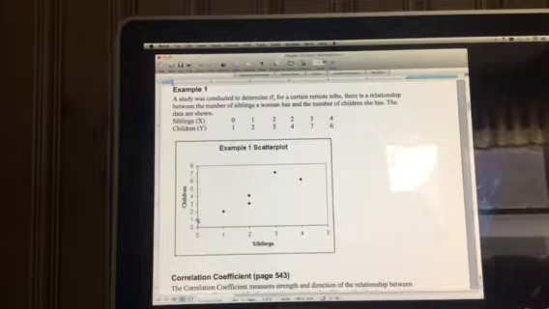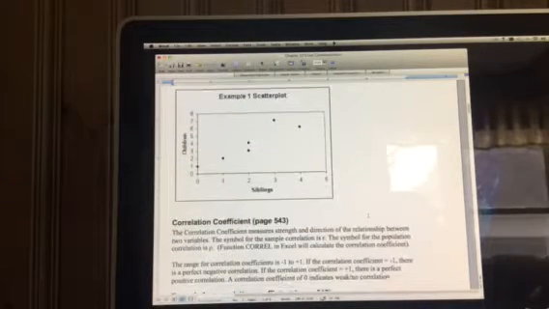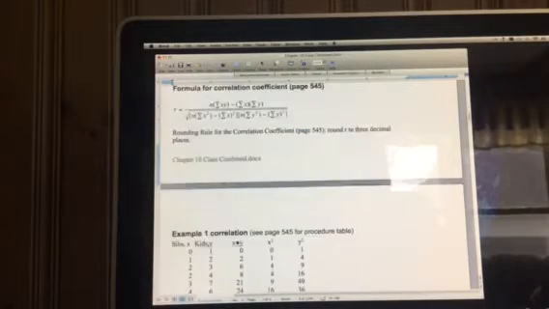If you look at this, there is somewhat of a line going through that, and that's really what the correlation coefficient is looking for: do we have a relationship that we can identify. Now, the range for the correlation coefficient is from -1 to +1.